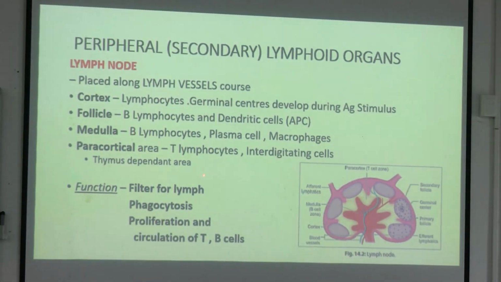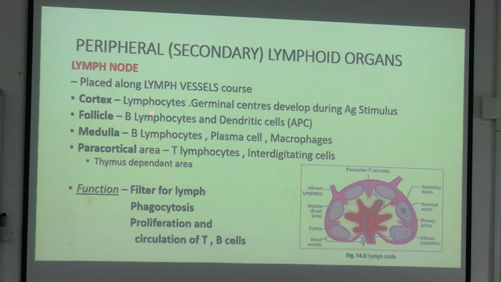Each area is harboring different things. See, the cortex will be harboring the lymphocytes, the follicle will be harboring the B lymphocytes, the medulla will be harboring the B lymphocytes, plasma cells and macrophages, and the paracortical area will be harboring the T lymphocytes and interdigitating cells. So this paracortical area is actually a thymus dependent area, because it harbors the T lymphocytes.